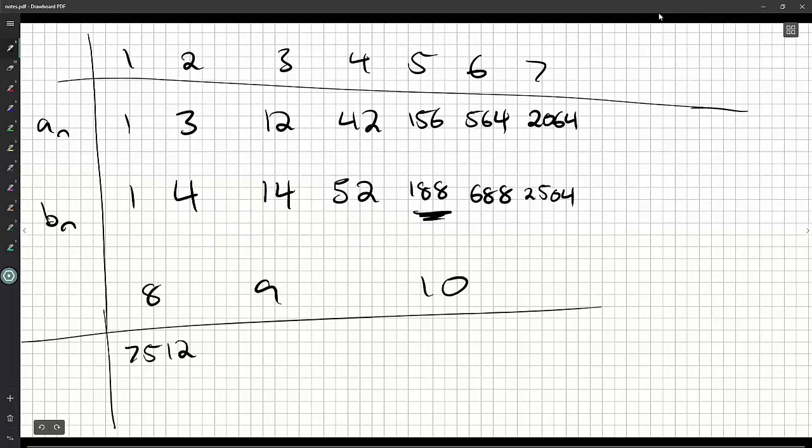We actually don't need to figure out the last 10 for the BNs. In fact, we just need these 2 numbers to work out this BN and then triple it. I'll fill them all in, but just a little bit of a time save, just planning ahead. Anyway, add up the 2064 and the 2504 and multiply that by 2.